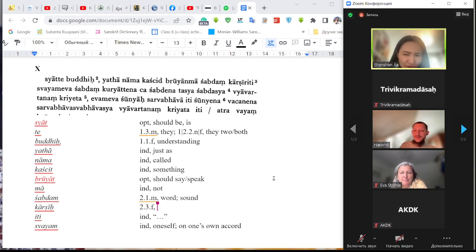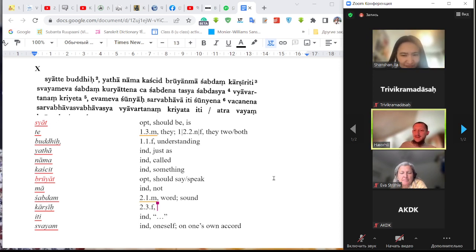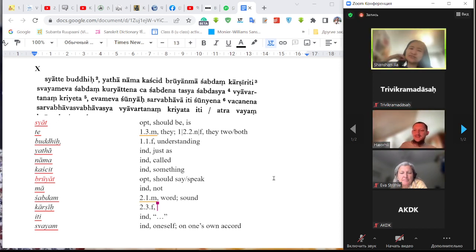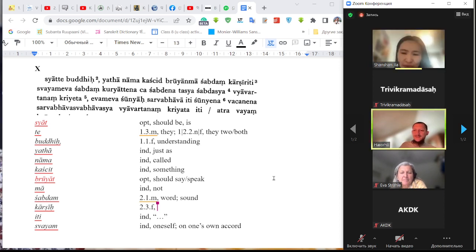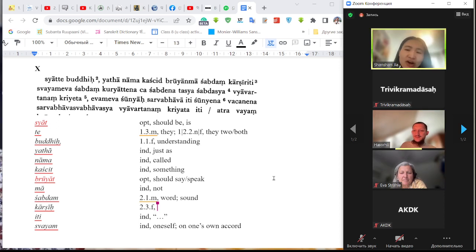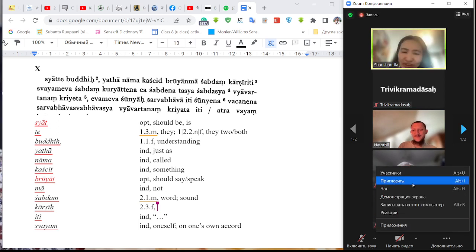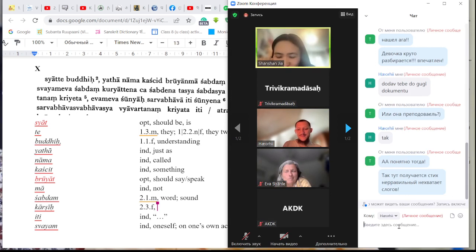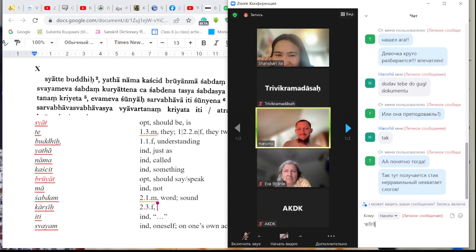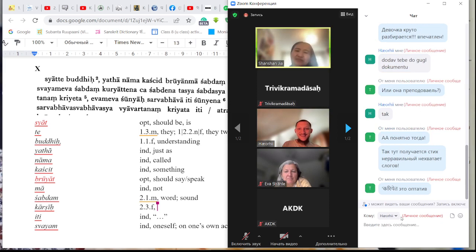Is it active or passive? Passive, karmani. That's right. So the active form, present third person singular, is karoti, right? Yes, karoti, and then kriyate is the passive. How about kriyata? If it's a verb form, not two words, what could it be? No idea. Okay, anyway, you can go on. I will come back to this question later.